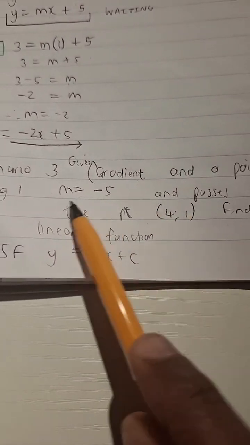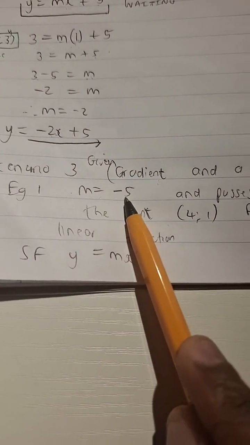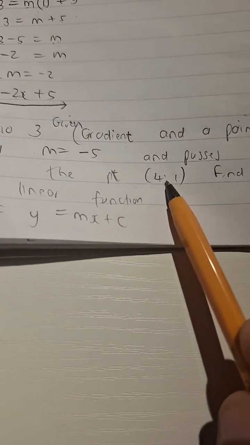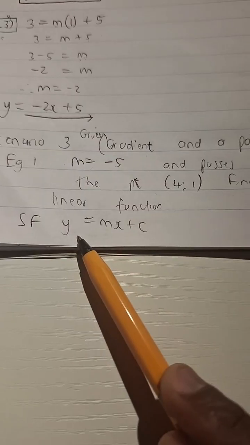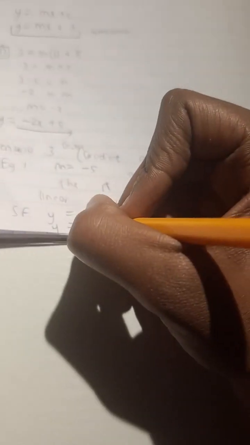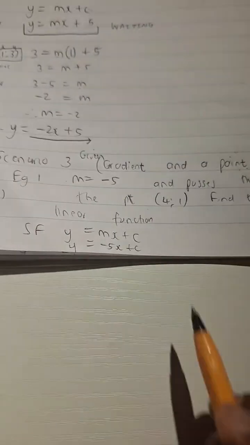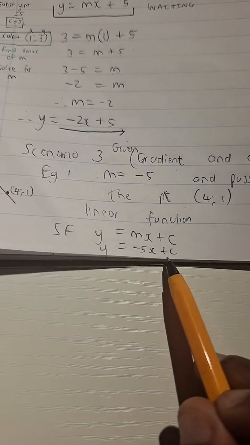So from the information that we've been given, we've been told that M is equal to -5, and this particular line passes through this point. So immediately from the information I've been given, what can I then say? I can say y is equal to, in the place of M, I can write -5x. And then I can write my plus C, all right?